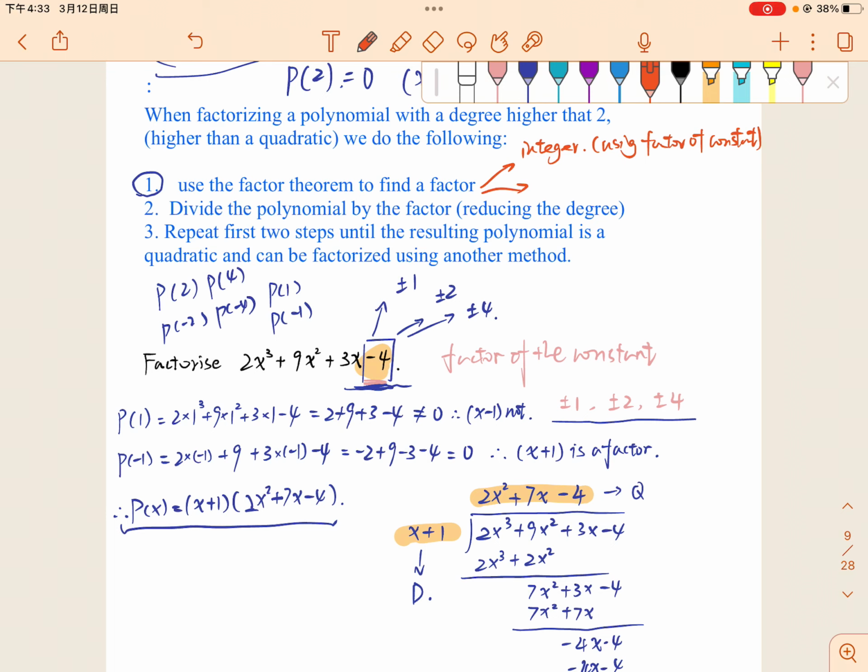If the integer doesn't work, you try the rational root theorem, the beta x plus alpha, and you try P of negative alpha over beta until it equals 0, and then you find the factor of the polynomial. Once you find one factor of the polynomial, you divide the polynomial by this factor to reduce the degree, until you factorize all of it. Alright, so that's for our 4D part.